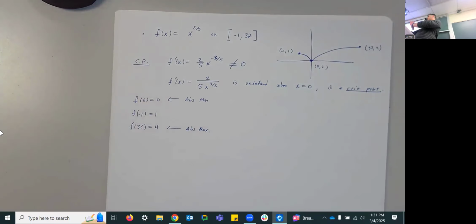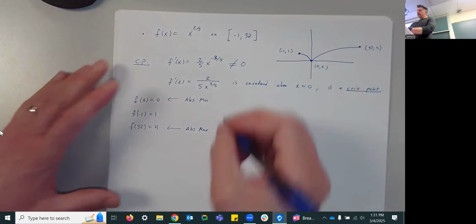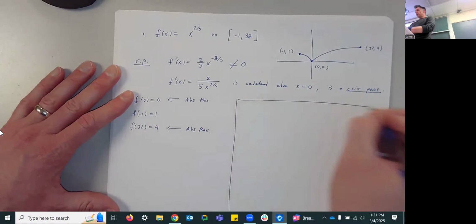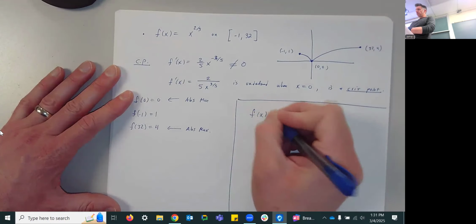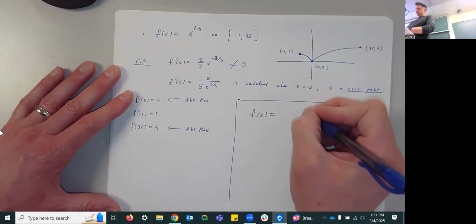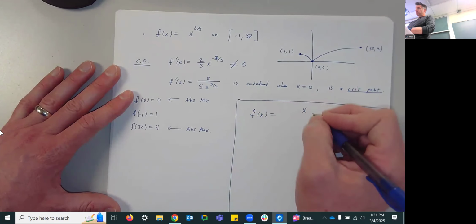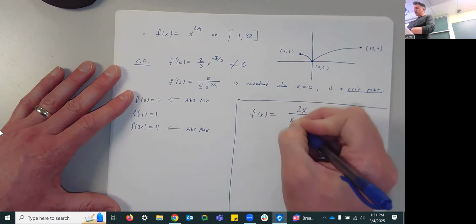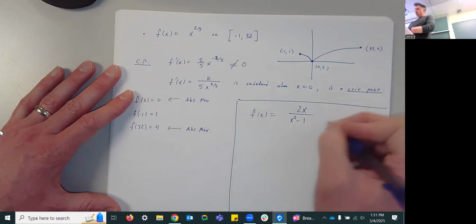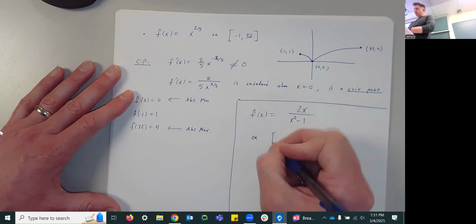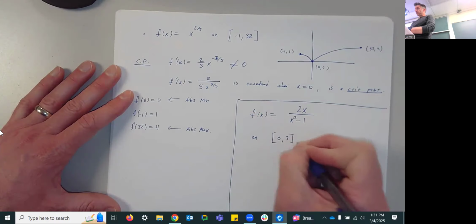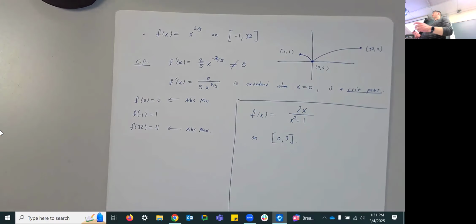To answer your question just a little bit more, we can't really consider a function where the function isn't defined somewhere on the interval. So for example, if I said our function was something like 2x over x squared minus 1 on the interval from 0 to 3, we couldn't apply the extreme value theorem here.